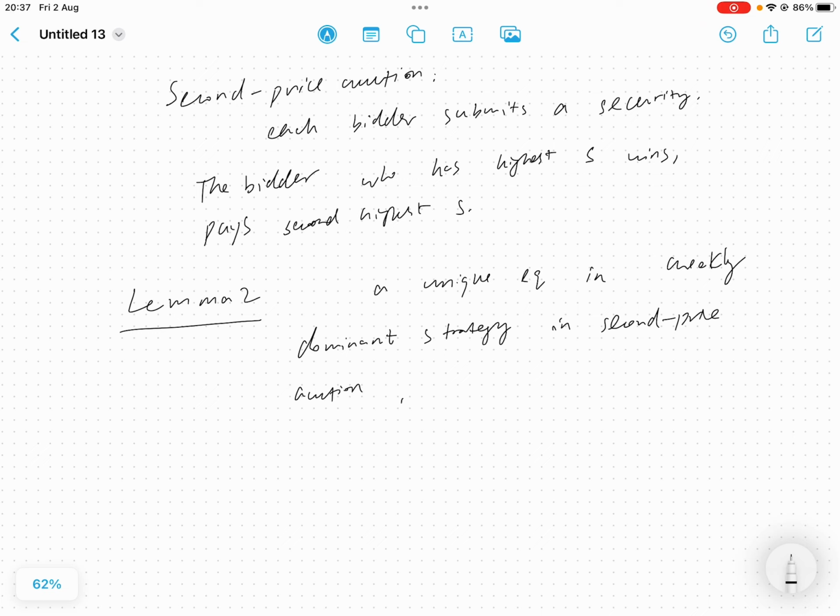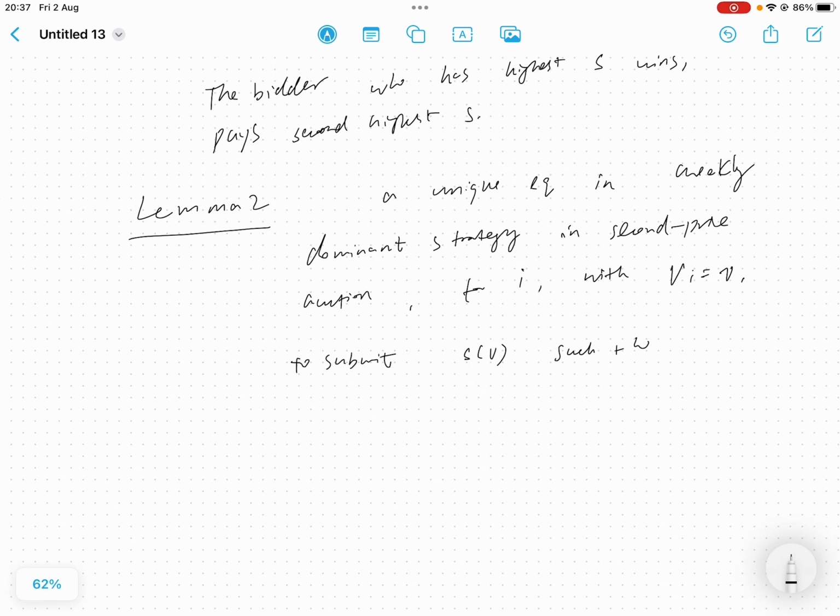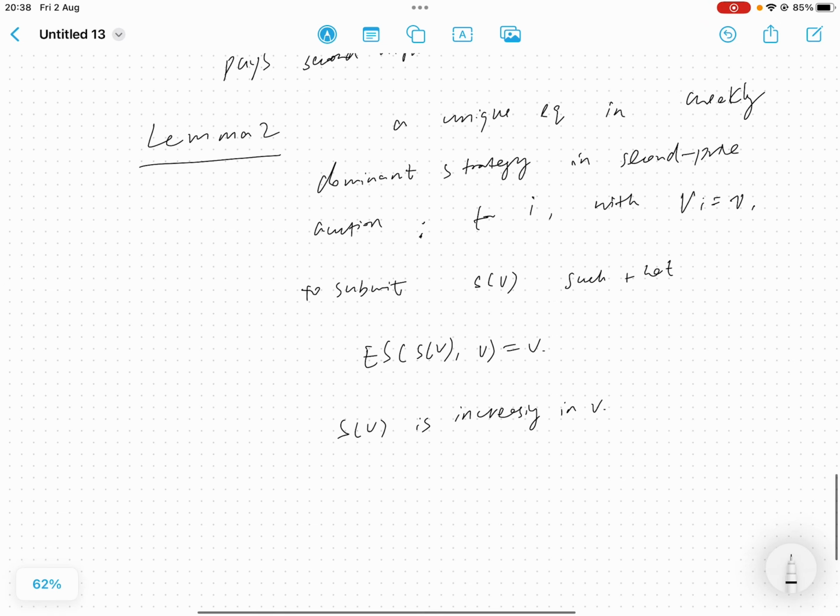for bidder i who has a value of V to submit, for the bidder i with V_i equals V, to submit the security S_V such that E[S_V(V)] equals V. And in addition, the equilibrium strategy S_V is increasing in V. That proof is very important and also very interesting, and you can refer to the proof in the paper; we will not cover that here.